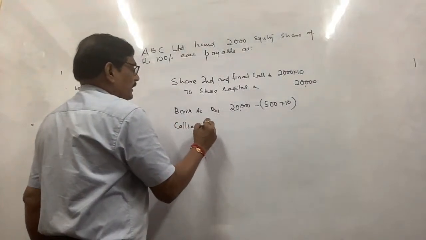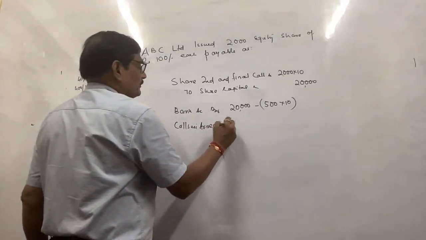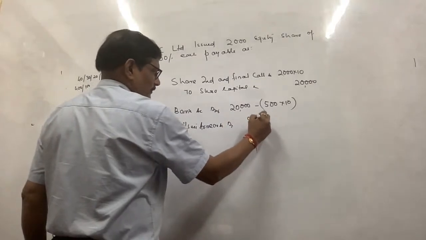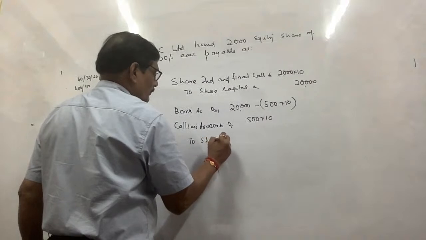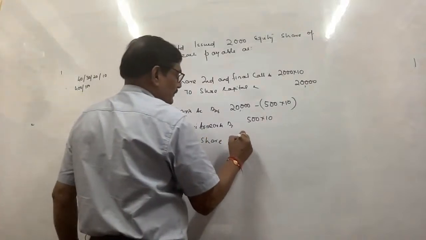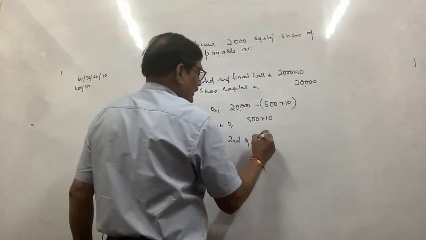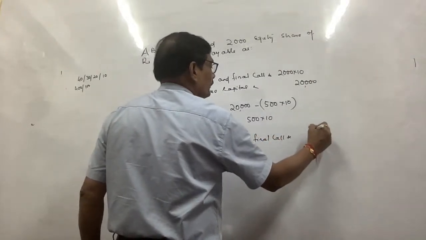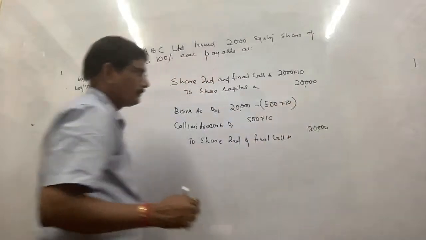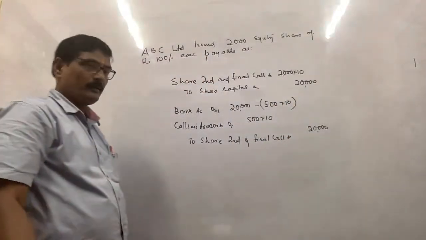Calls in arrear account debited. To share second and final call. Right?